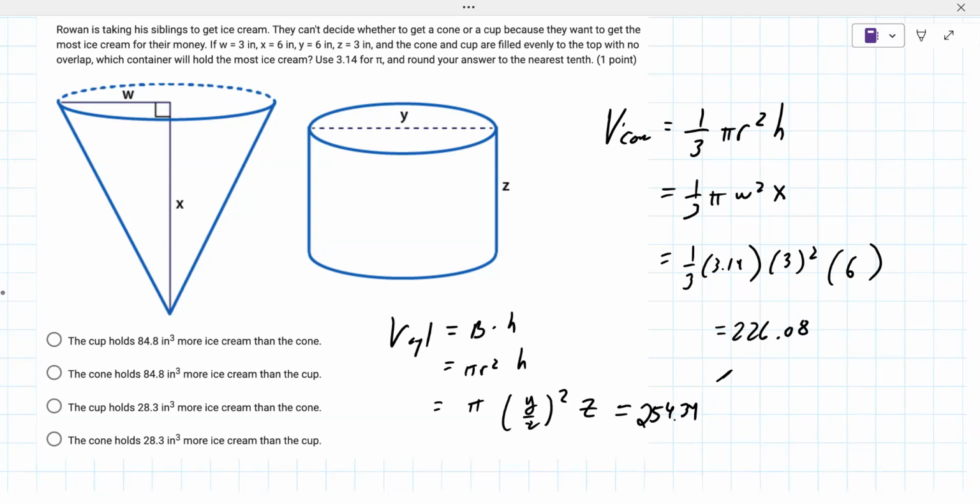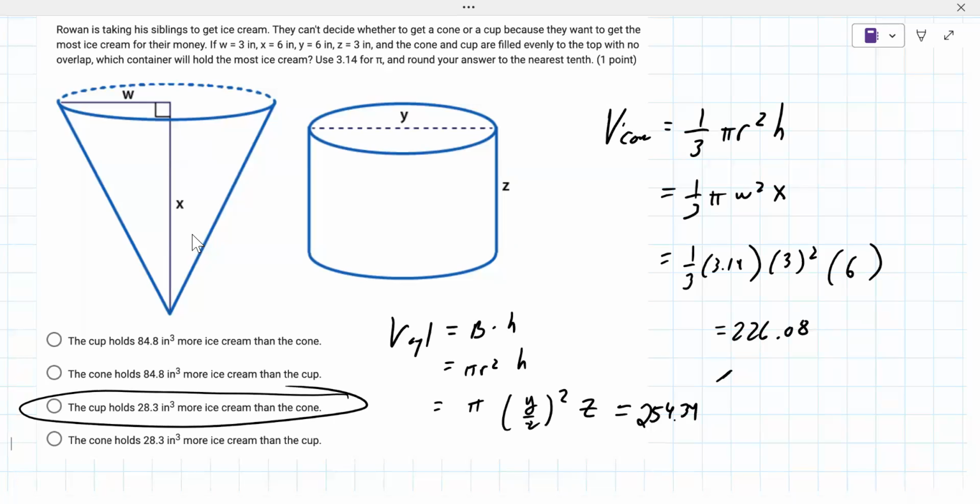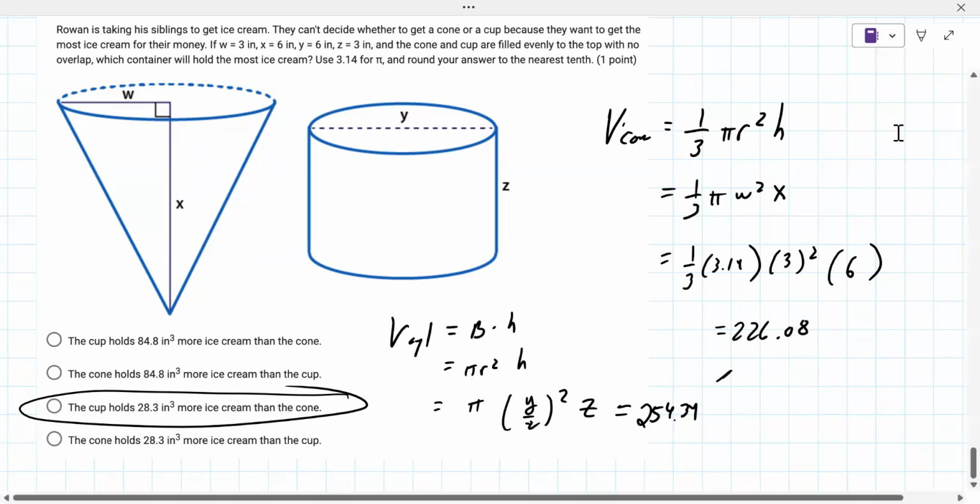And I think you'll get this answer here: minus 226 gives 28.26. So yeah, it's the cup.